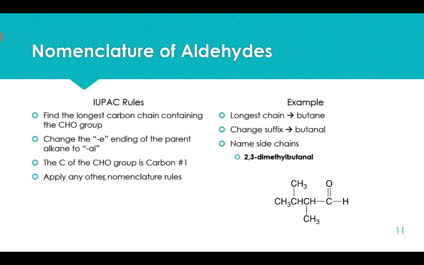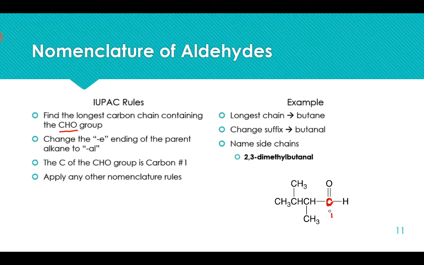Our IUPAC nomenclature for aldehydes is going to build upon our past nomenclature rules. We are still going to be finding the longest carbon chain. Now our longest carbon chain has to contain our aldehyde functional group. So in this molecule, we have to include this carbon here.